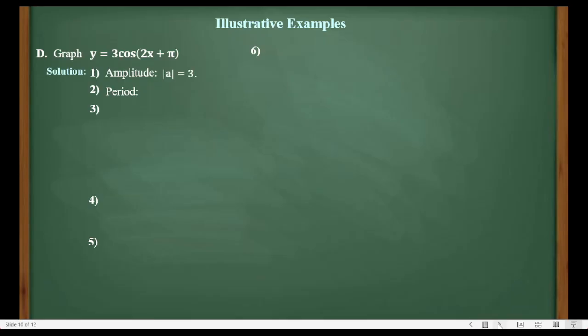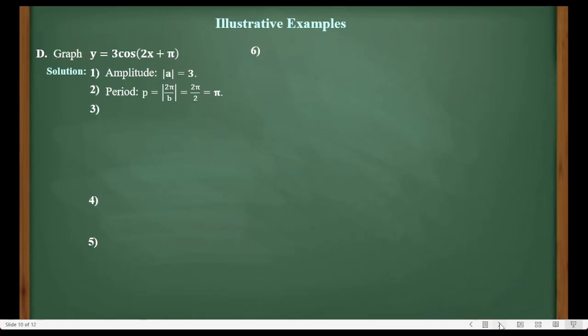That is 3, which is the coefficient of cosine, and then the period p, which is equal to the formula, the absolute value of 2 pi over b, or 2 pi over 2, where 2 is taken from the coefficient of x, which is your b, and the period is equal to pi.